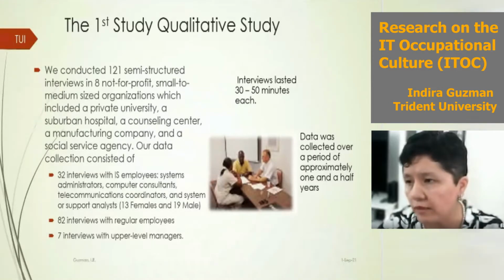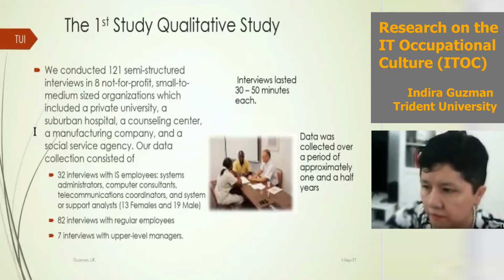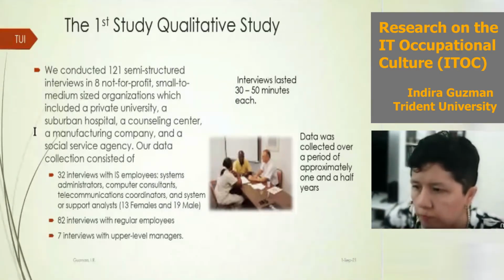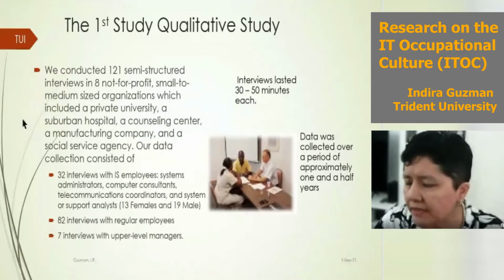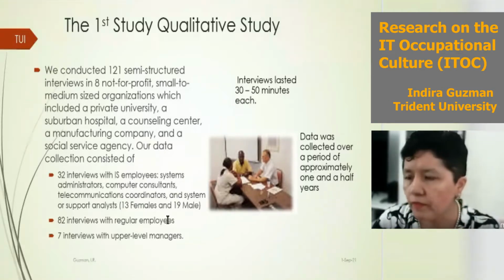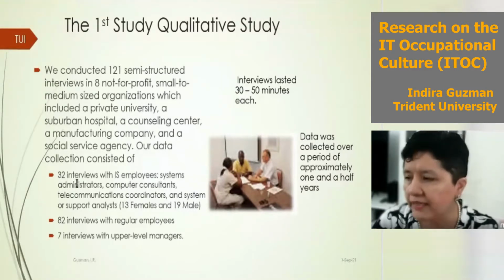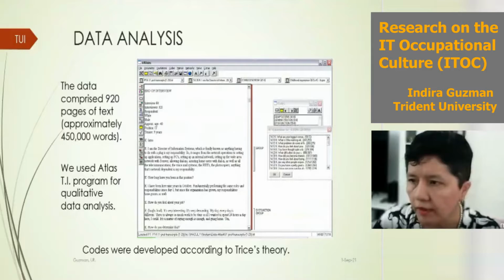But when you start something, qualitative is the route to go. In this case, we did lots of interviews, long interviews with regular employees and managers in different organizations, all pre-recorded. This was done as a team, and then the data was coded using TRICE theory.